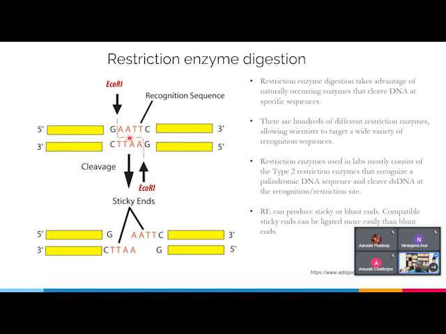These sites are very difficult to ligate, but are compatible with all other blunt end restricted sites, because as you can see, there is no question of base pairing. So blunt ended ligation is difficult, but all blunt ended ligations are compatible with each other. So this was about restriction enzyme digestion.